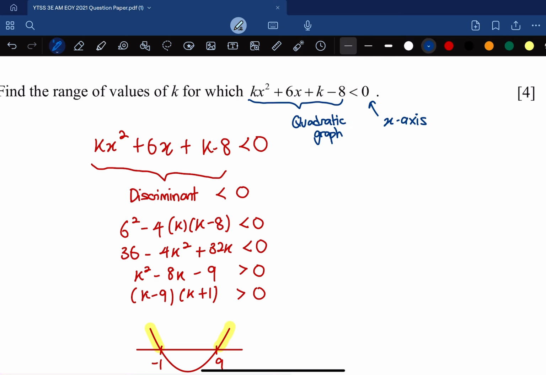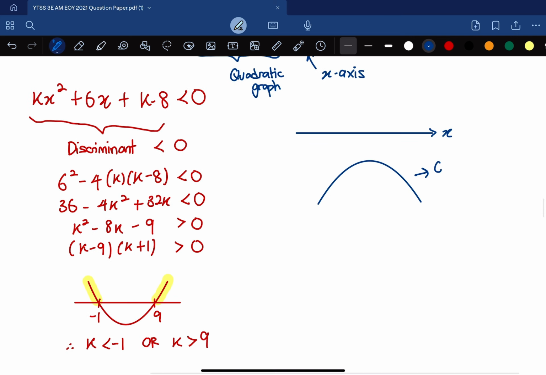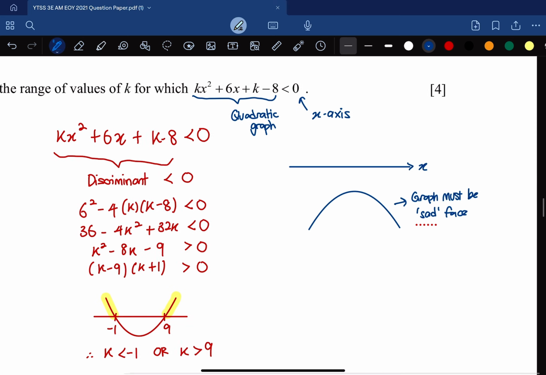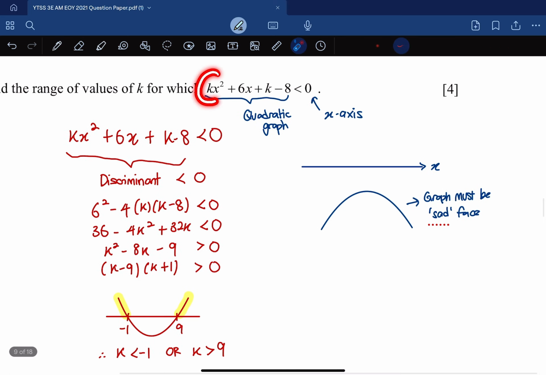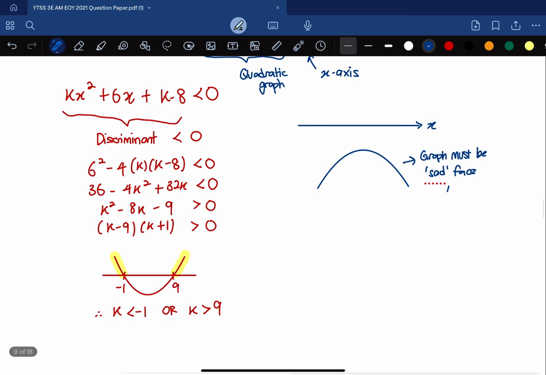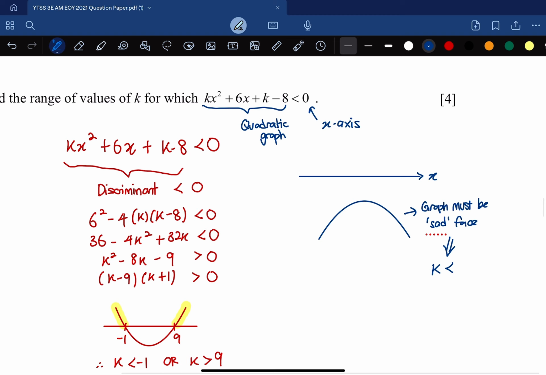The only possible case for this to happen is when the graph must be a sad face. And the condition for a sad face graph is that the coefficient of x squared must be negative. So the implication is that k must be less than 0.